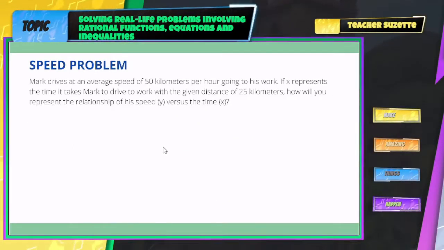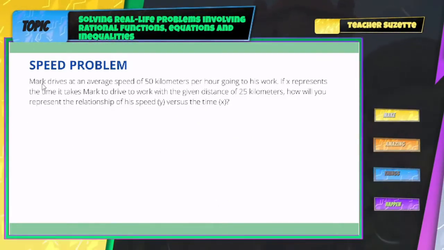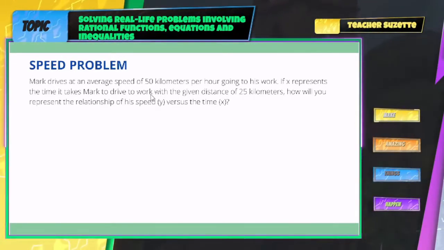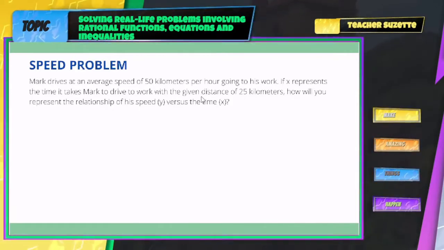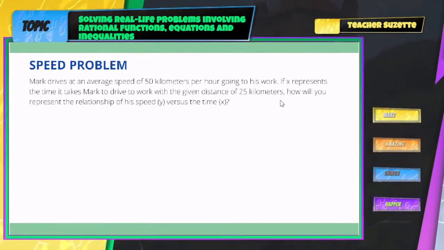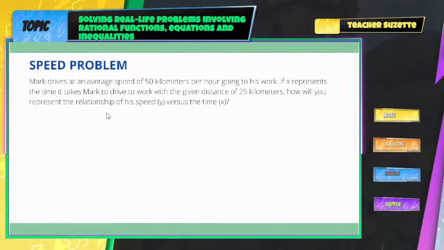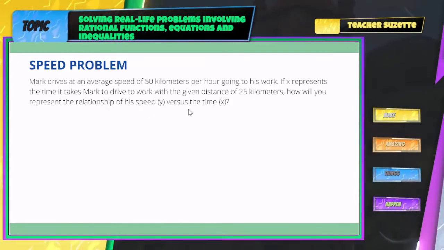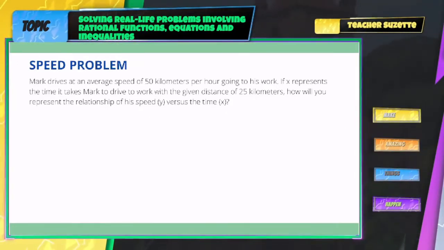Next, same scenario. We still have Mark who drives at an average speed of 50 kilometers per hour and he travels from his house to his work with a given distance of 25 kilometers. However, for our second problem, we are asked how will you represent the relationship of his speed, y, versus the time, x.